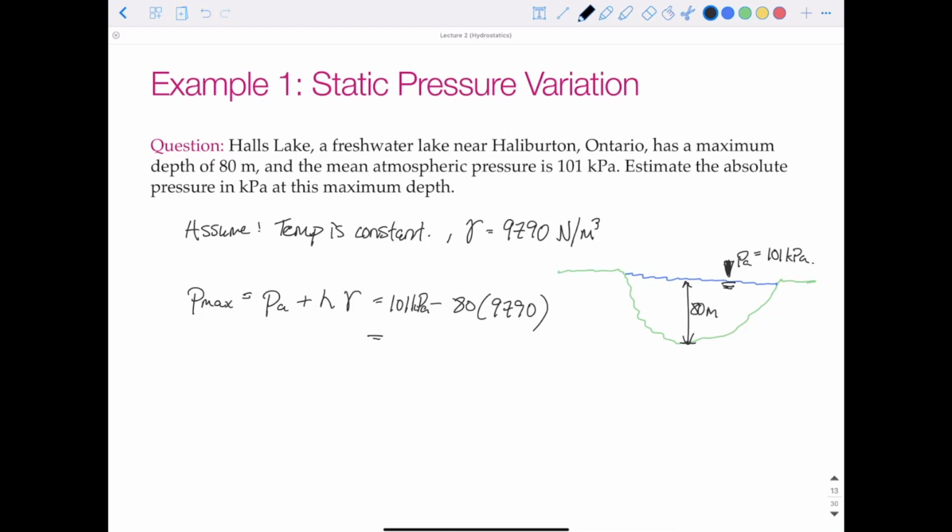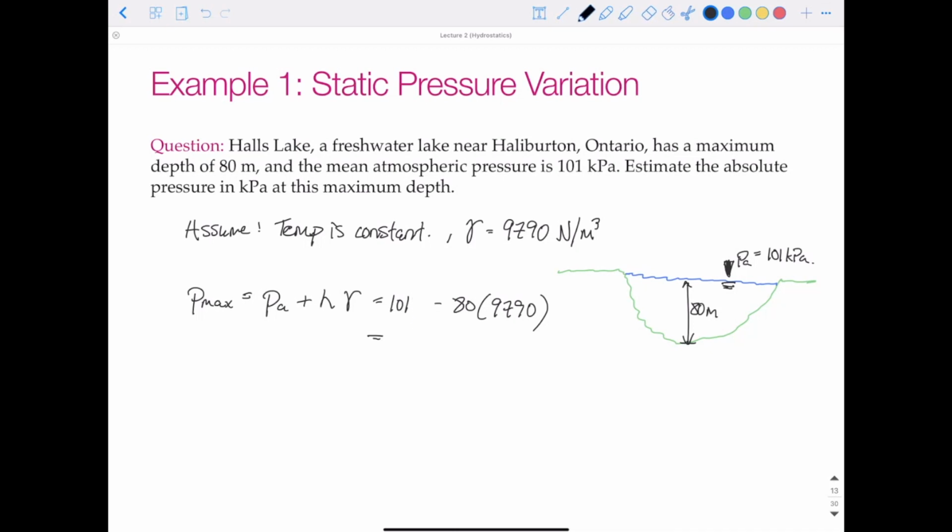Right. We have units of kPa here. We need to write this in terms of pascals. Pascals is newtons per meter squared, so we have to make sure we have the same units. So 101 kilopascals is 101 times 10 to the 3 pascals.